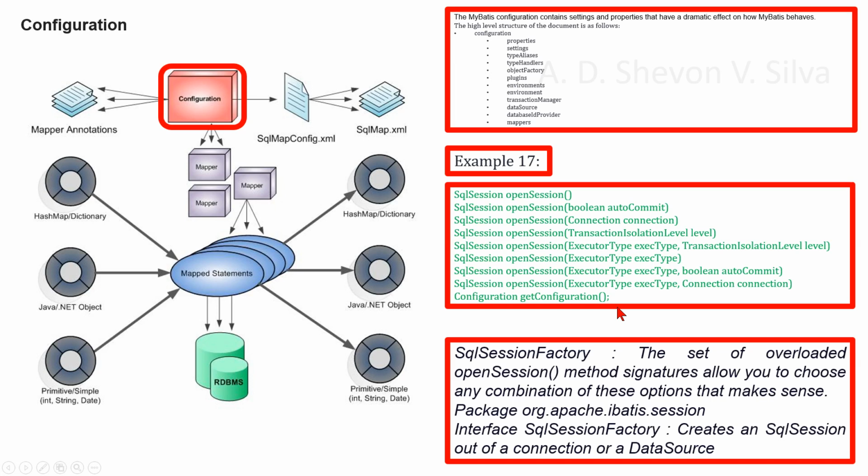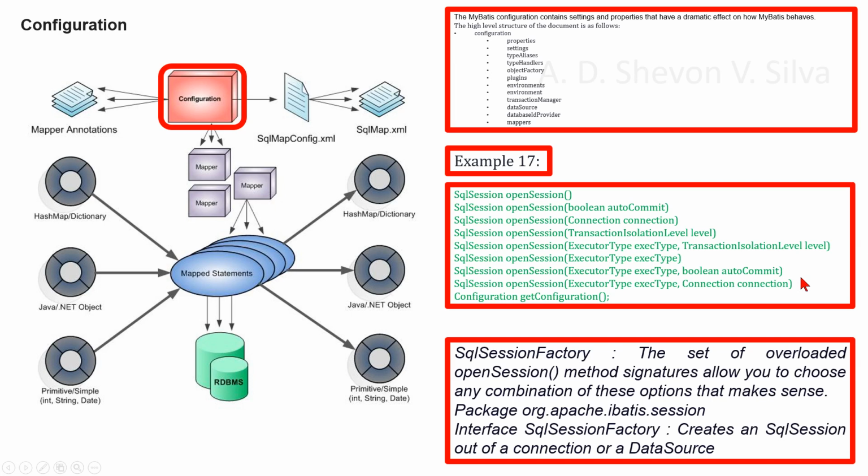MyBatis uses a Java enumeration wrapper for transaction isolation levels called TransactionIsolationLevel, but otherwise they work as expected and have the 5 levels supported by JDBC: NONE, READ_UNCOMMITTED, READ_COMMITTED, REPEATABLE_READ, SERIALIZABLE.